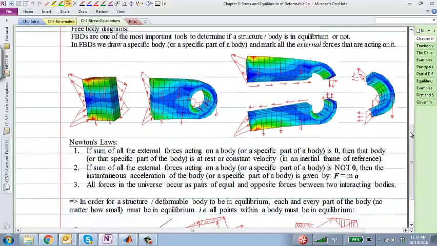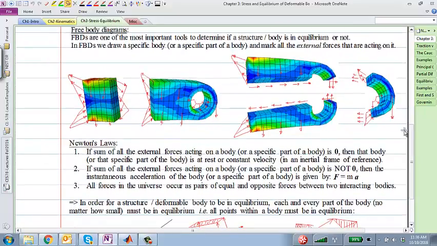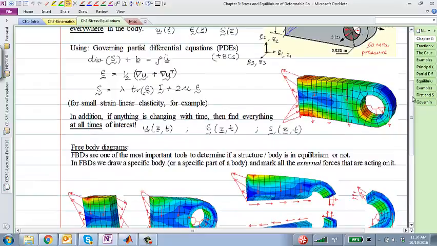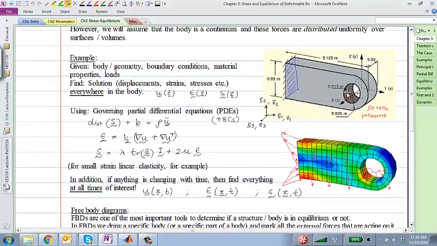So one of the essential aspects of free body diagrams that I was telling you last time was that if you consider any deformable body, you would have some external forces acting on it, some reactions coming from wherever it is being constrained against displacement and rotation. Those would be places where external forces are applied onto the body.